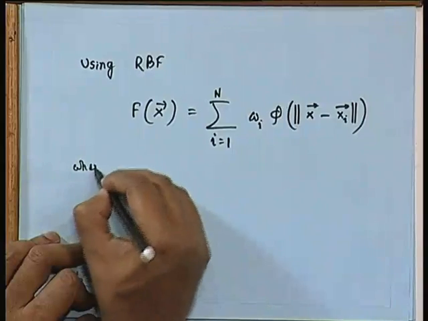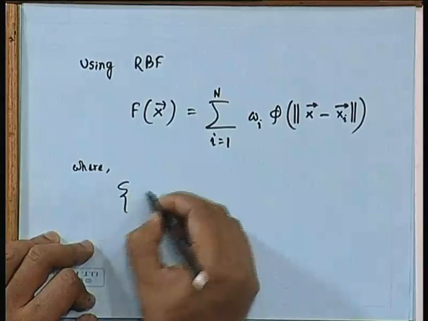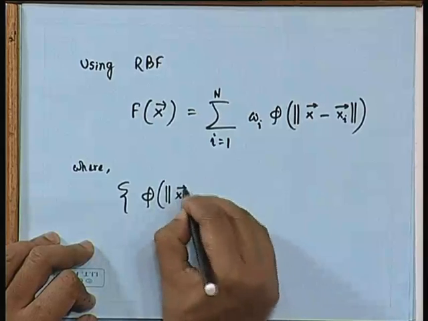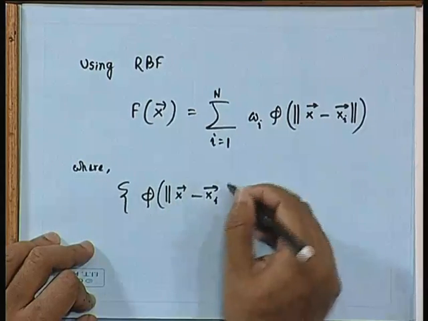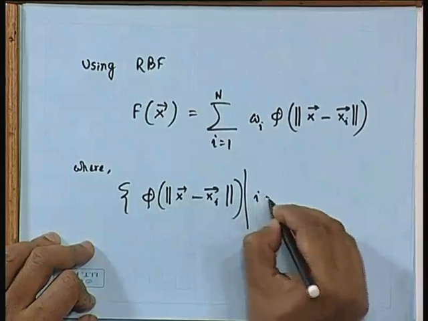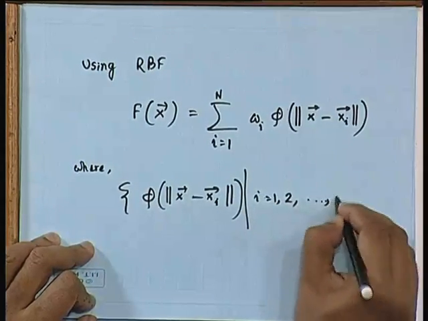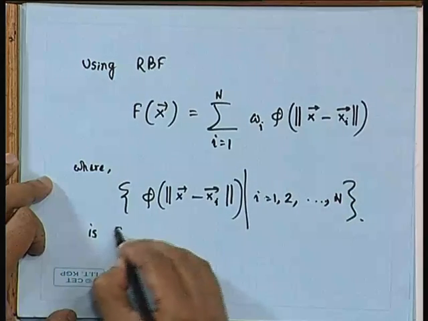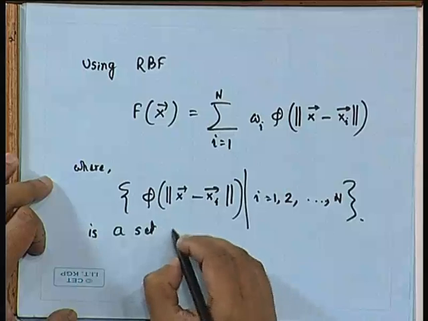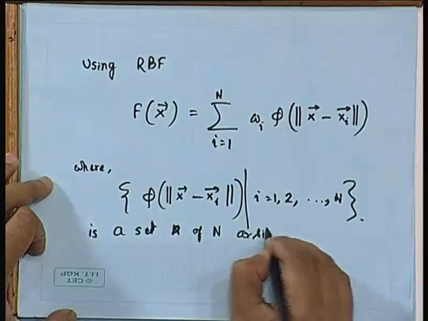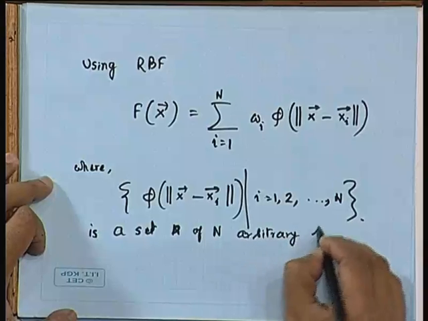So, what are the phi functions that we are having? The phi with argument x minus x_i, given that i is equal to 1, 2 up to n, is a set of n arbitrary functions.